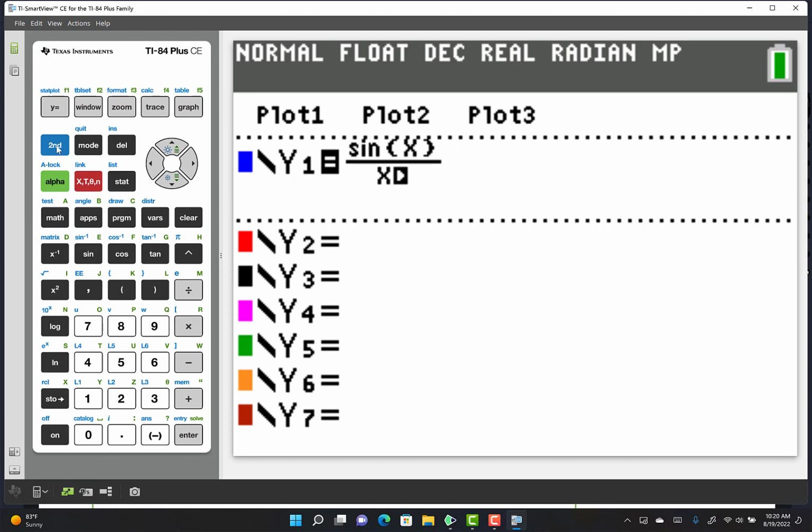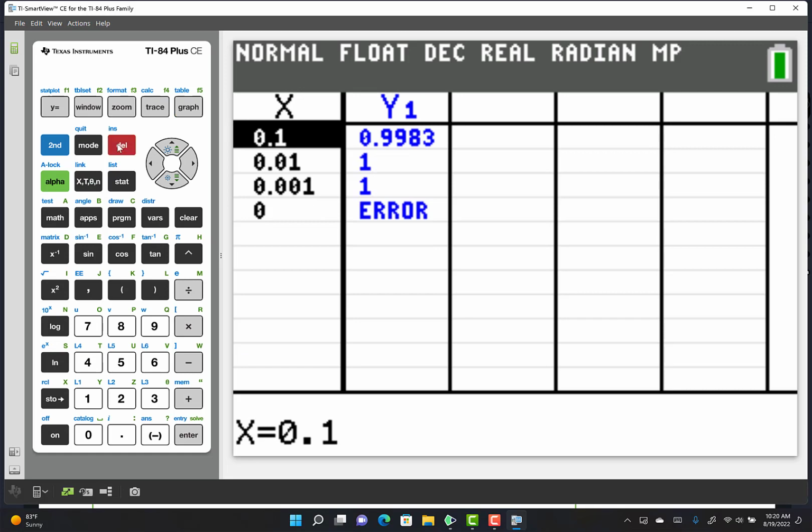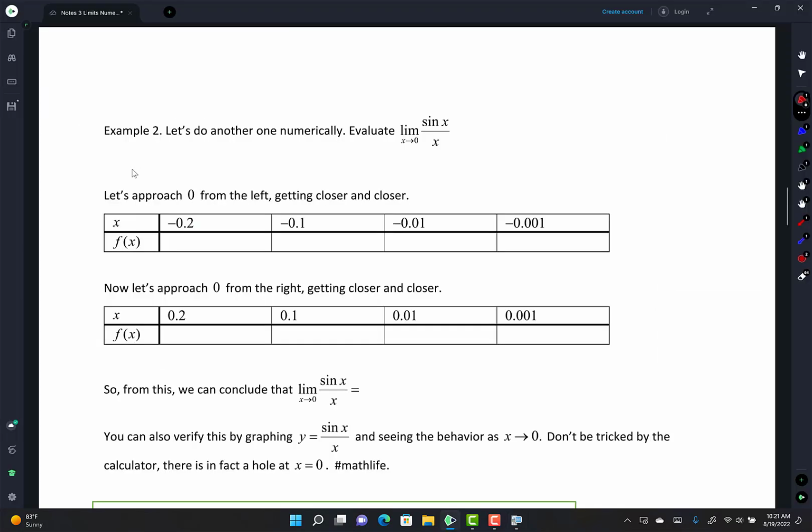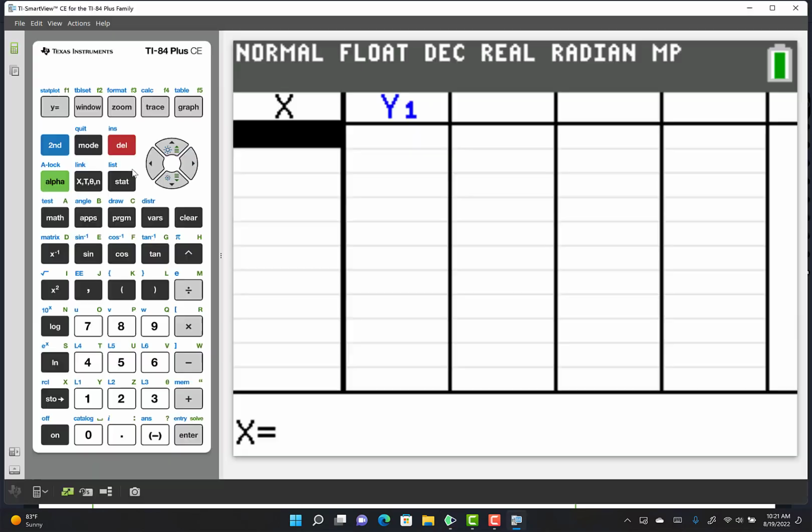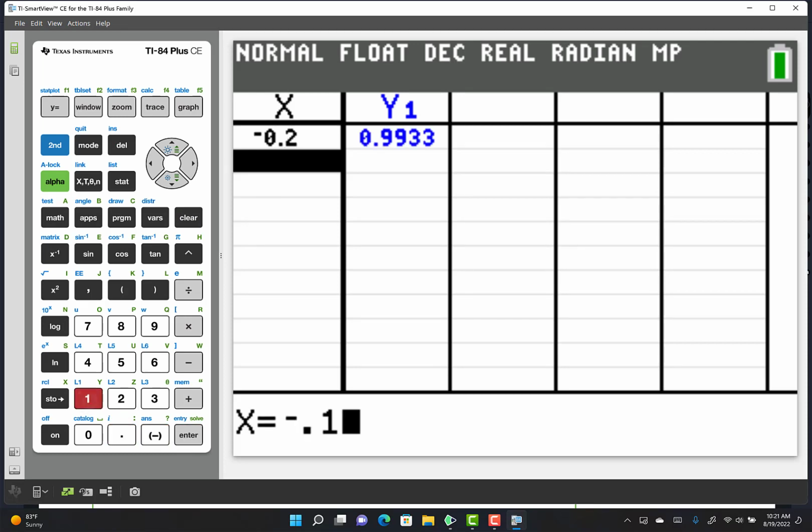I'm going to do the same thing again. Delete, delete, delete. Well, I guess I could have left it there. What am I approaching? Negative 2? Okay, I'm approaching from the left. Negative 0.2. I get that number. Negative 0.1.